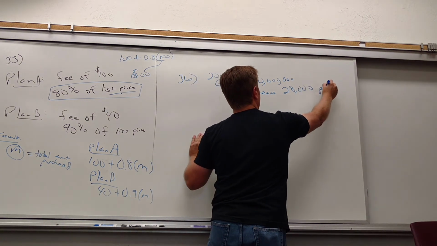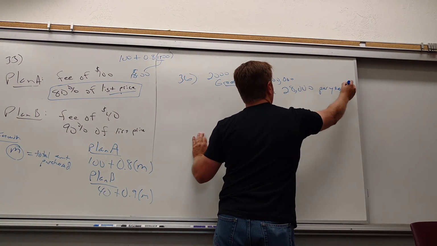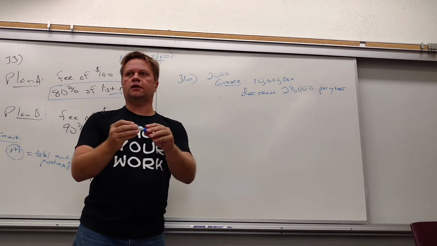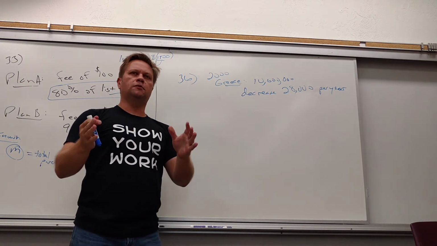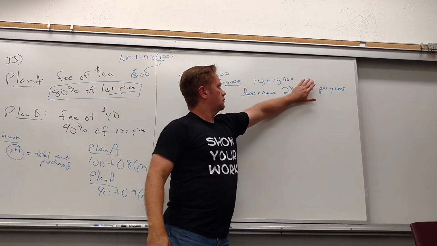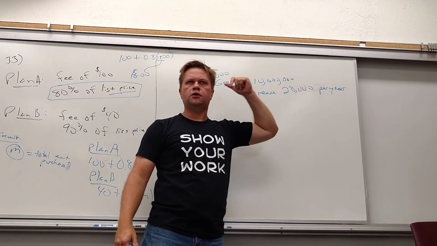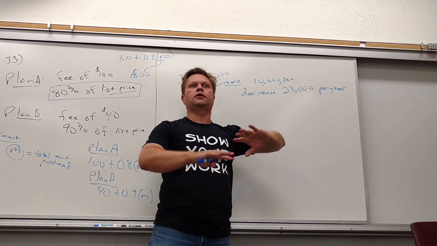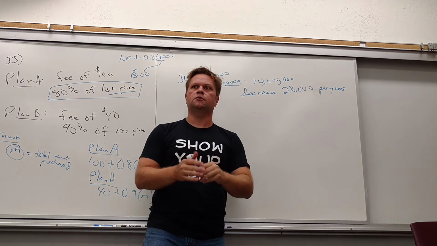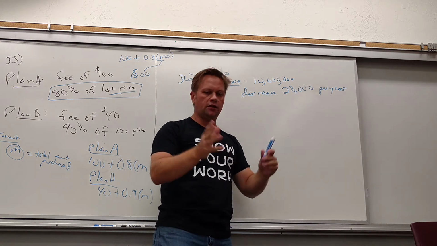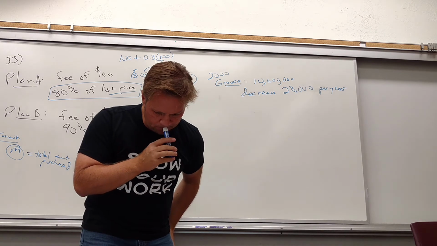Now, one thing I can do for myself is cut off the 1,000 so I have smaller numbers in my equation. So I can say these numbers are in the thousands. But let's pretend like you didn't think about that.